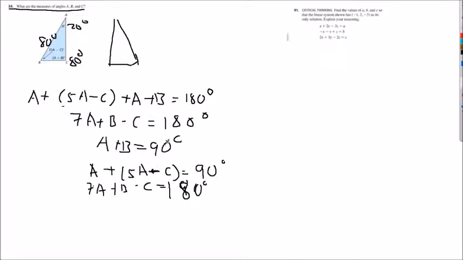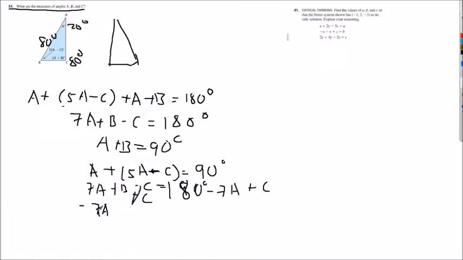So if a plus b is equal to 90, then we can subtract 7a and subtract b. No, let's add c, because I don't want to be dealing with so many subtractions.